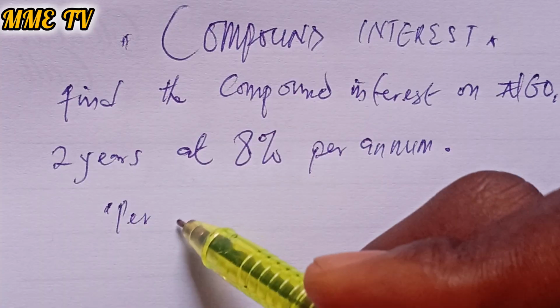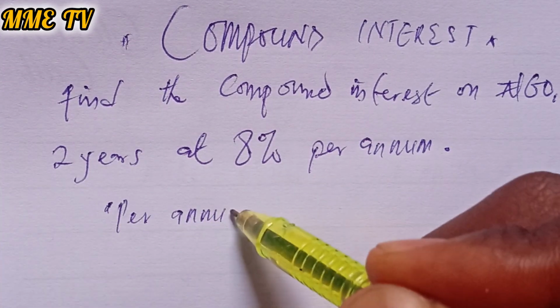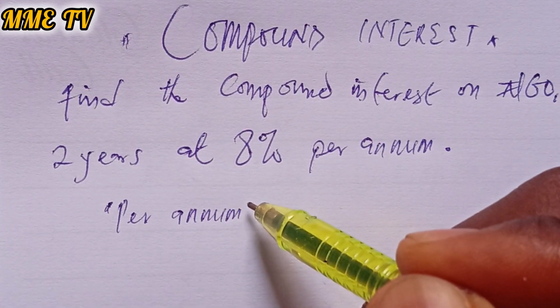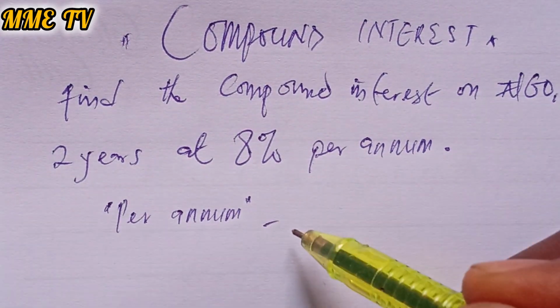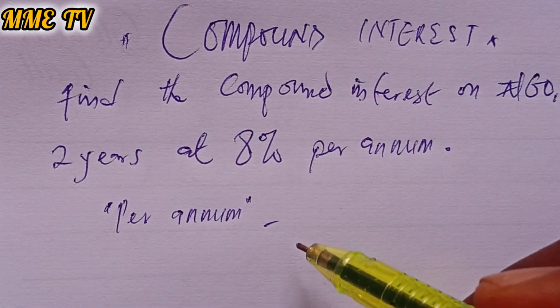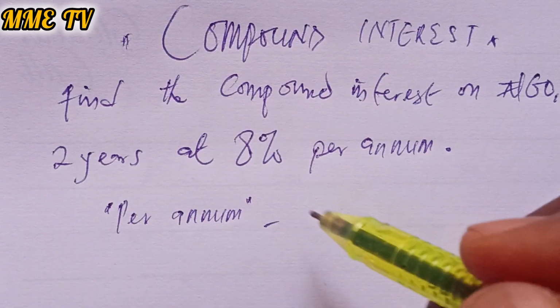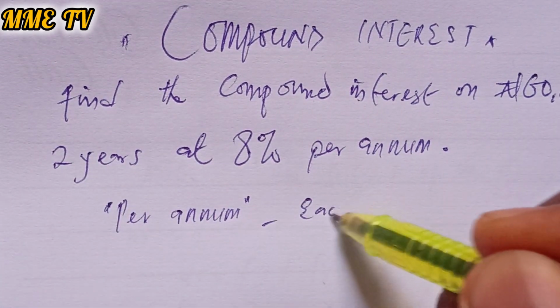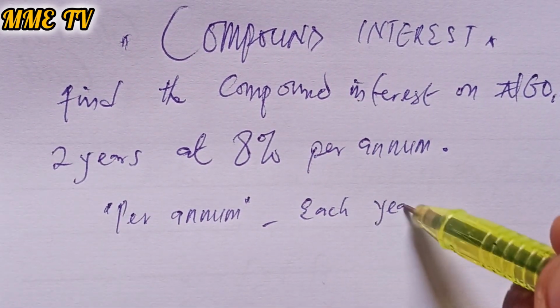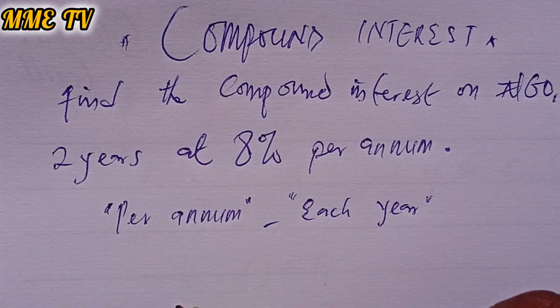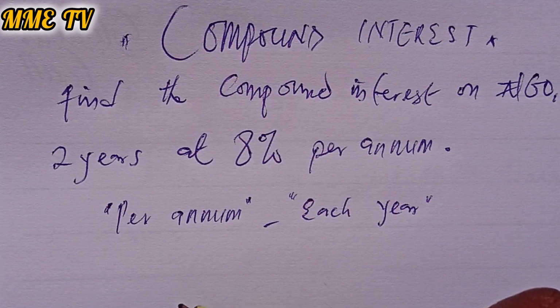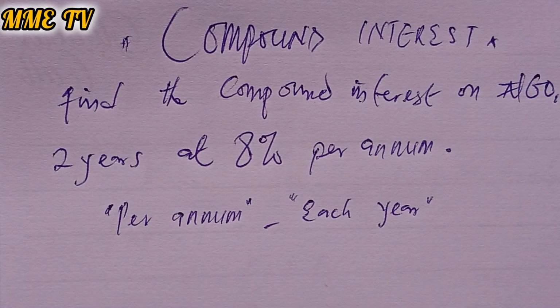I'm splitting this the best way that anyone can understand it so that whoever comes across certain words will have nothing to worry about. Like saying per annum. Per annum means each year. Do you understand? Now, the interest will be added at 1 year interval.